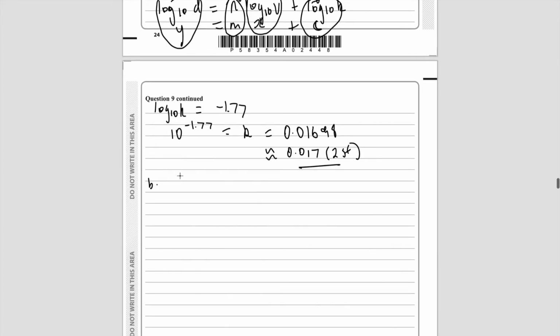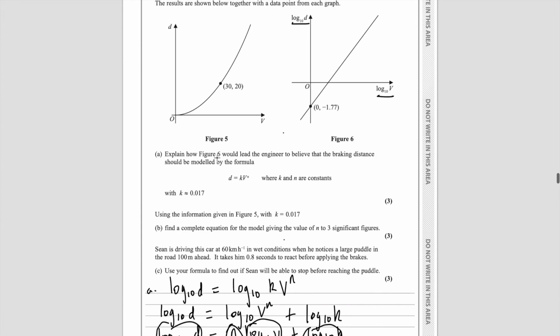So next, for part B, what we're asked to do is to use data given on figure 5, namely this point that's been marked out here, to find a complete equation for the model, giving the value of n to three significant figures. In other words, we're just going to be rewriting this, but with 0.017 as k, and some value that we find as n.